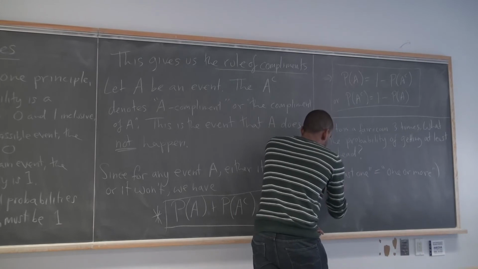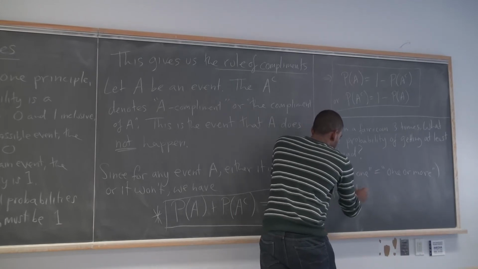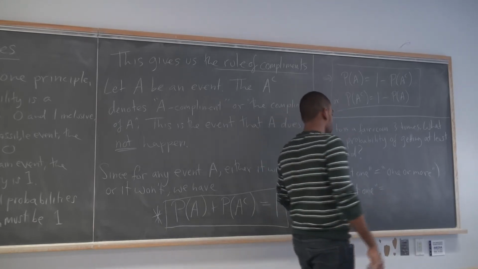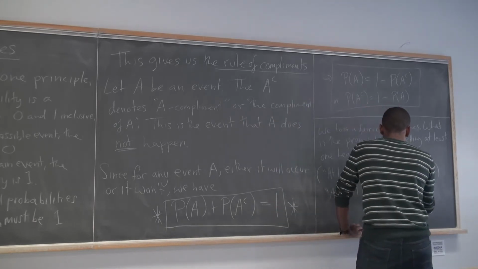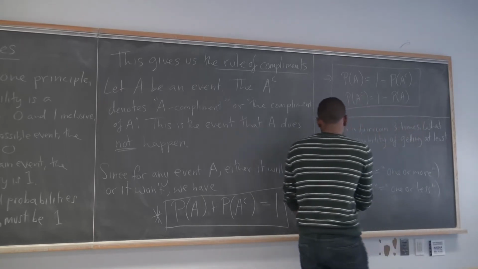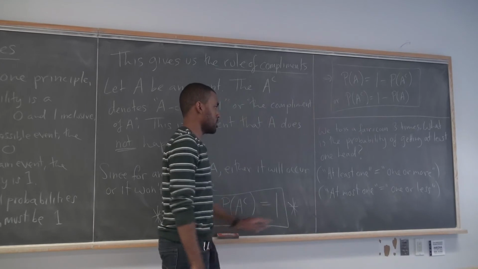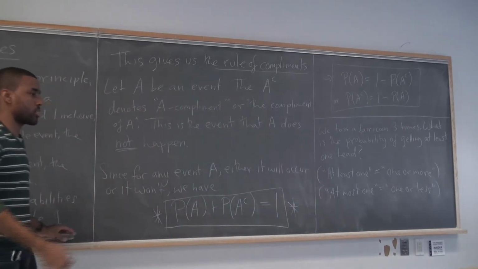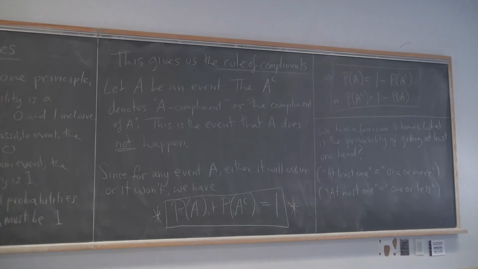Another thing that you'll see often is at most. Well, that's less than or equal to, right? So this is 1 or less. And so it's very common language to see this, right? At least means greater than or equal to. At most means less than or equal to. For future reference.